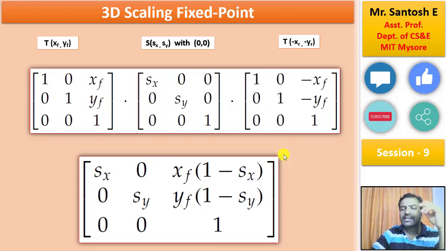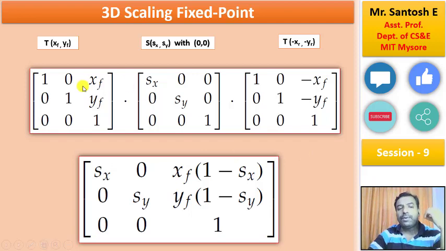As I decrease the size of an object, it tends to move towards the origin, and as I increase the size of an object, it tends to move away from the origin if I am applying a scaling transformation. If I don't want that to happen, and I want the object to stay in the same position while being scaled up or down, I talk about a fixed point.